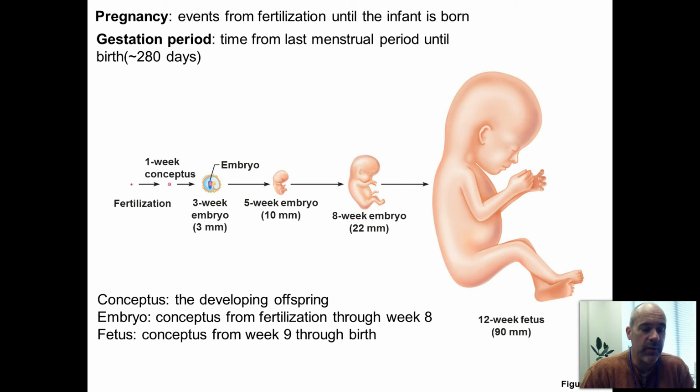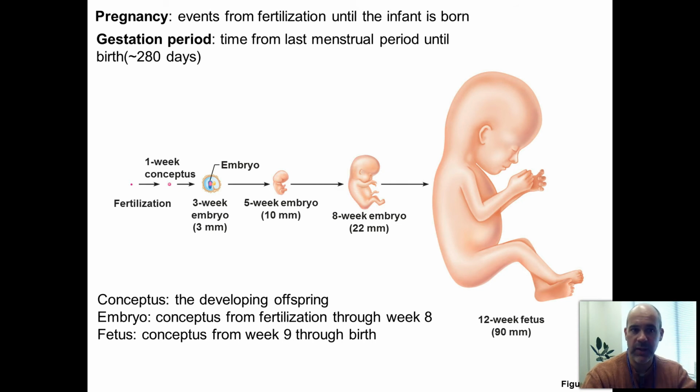So if you think about what we learned in the previous lecture, ovulation does not occur until about 14 days into the ovarian cycle. The menstrual period starts at day 1. So the timing of a pregnancy, when a woman says I'm so many weeks pregnant, is actually including the 2 weeks prior to ovulation taking place.